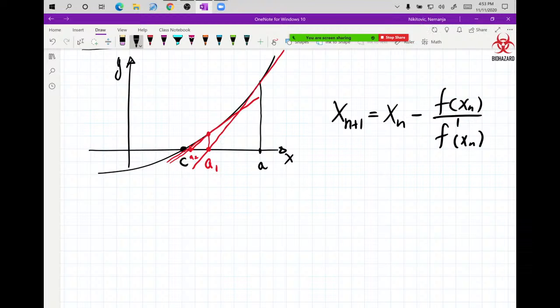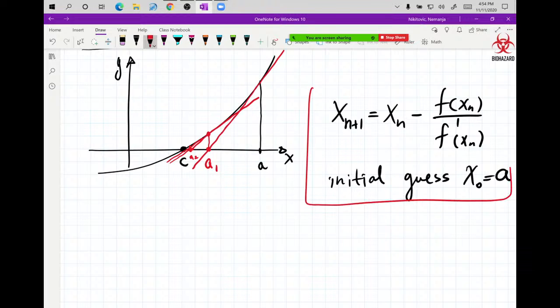And you need an initial guess, x0 equals some value. Now you have to provide that value. And clearly you can't have your f prime be 0 or anything like that. This is your Newton's method right here. And all we need to do now is to just compute an example.